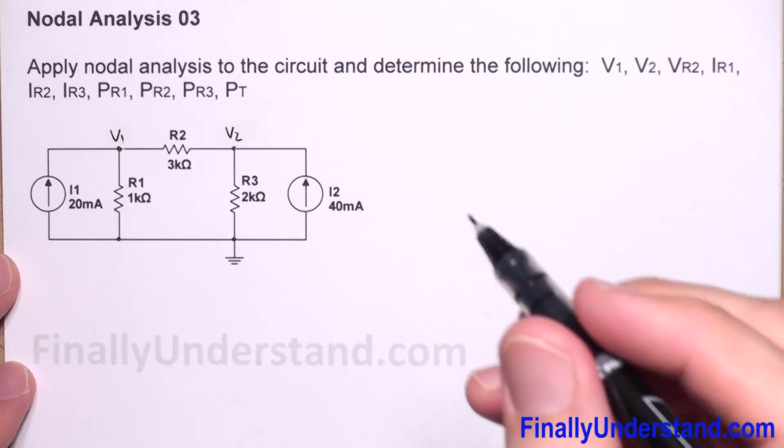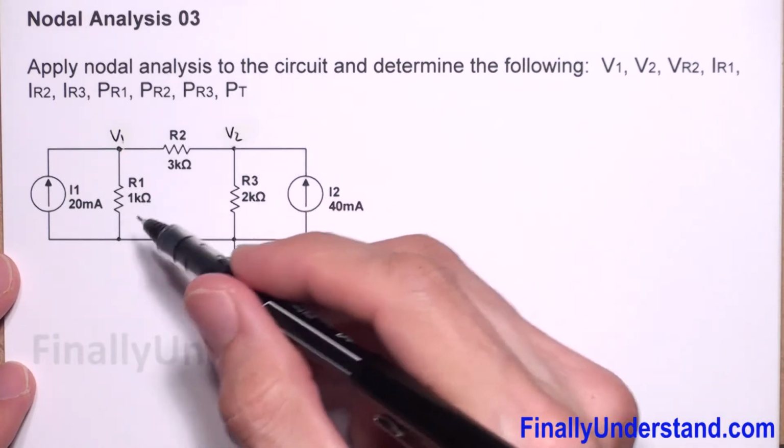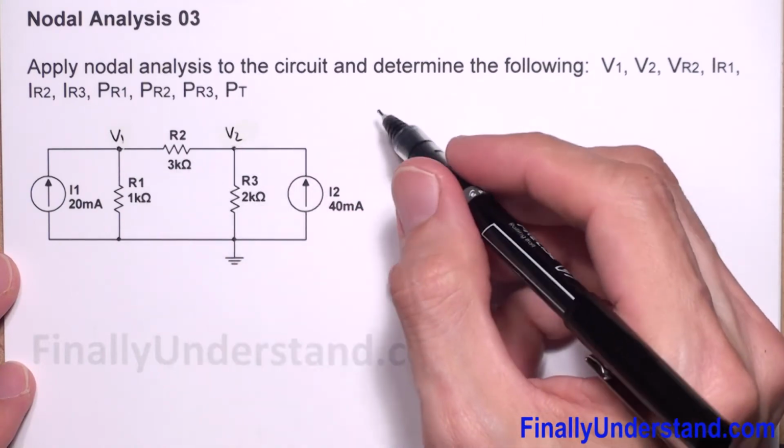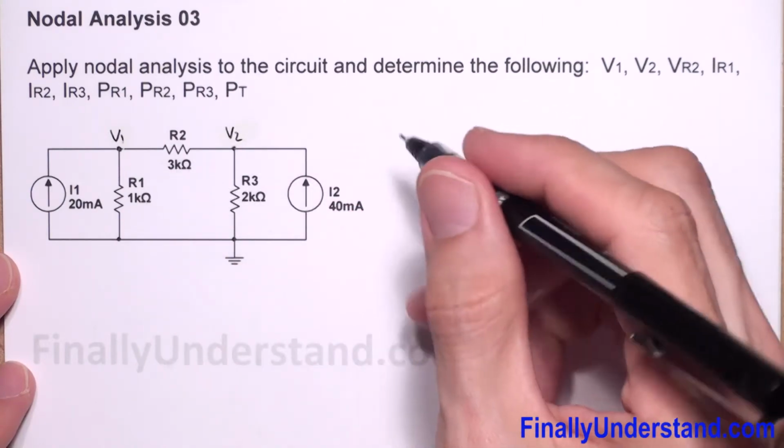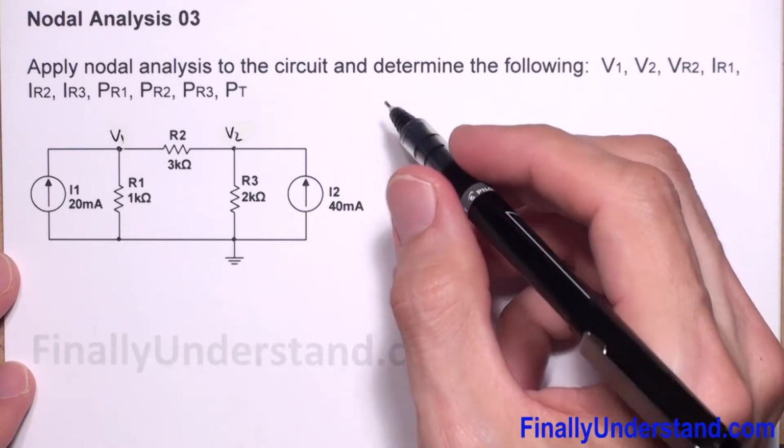Next, I'm supposed to find the conductance for each resistance. I'm going to label this by Y because most of the books use Y's.